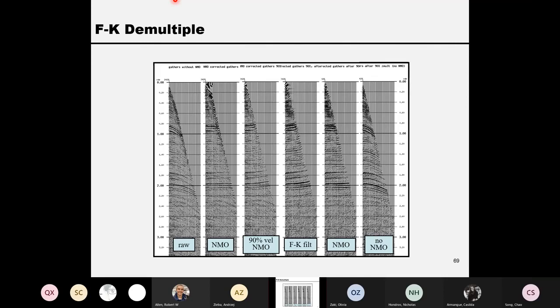So the easy way to do that is to try to include more high orders, include fourth order and sixth order. Even though you use a sixth order, you still do not have an ideal, optimal NMO velocity, optimal NMO correction result. What do we do?